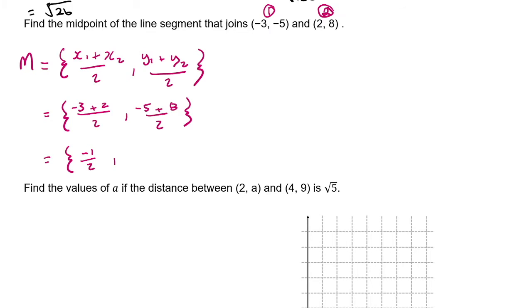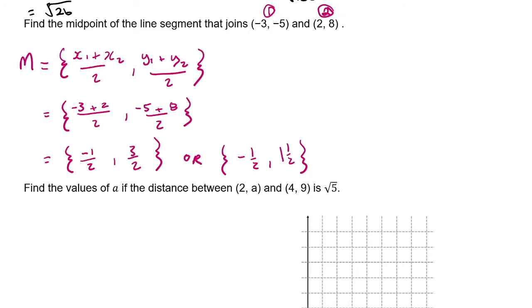Minus 5 plus 8, that's going to be 3 over 2. And we can actually leave that there. Or we can say it's minus a half and 1 1/2. Or we could change them to decimals and have minus 0.5 and 1.5. Doesn't really matter.